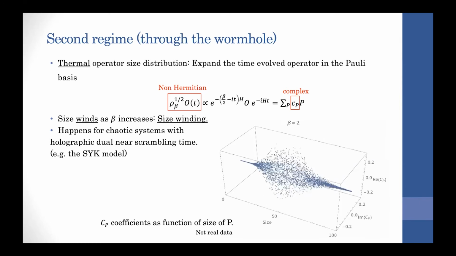I will say in a couple of slides that we believe this phenomenon is the dual to the traversable wormhole picture, and this is what makes traversable wormholes work. But before going there, let me quickly explain why, from just multiplying this operator, you expect to get a phase like this.